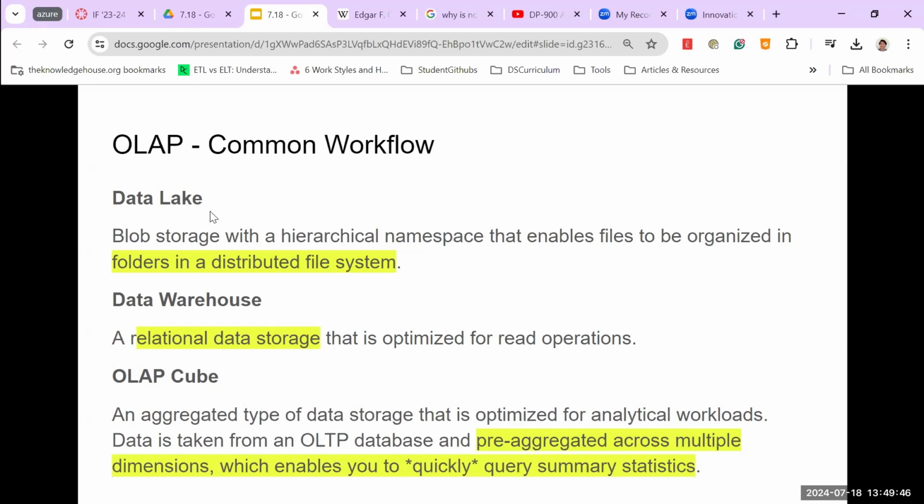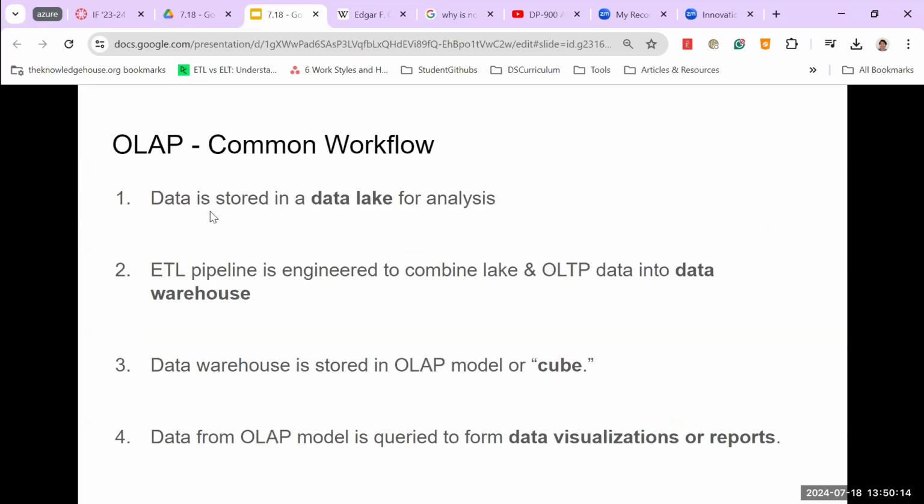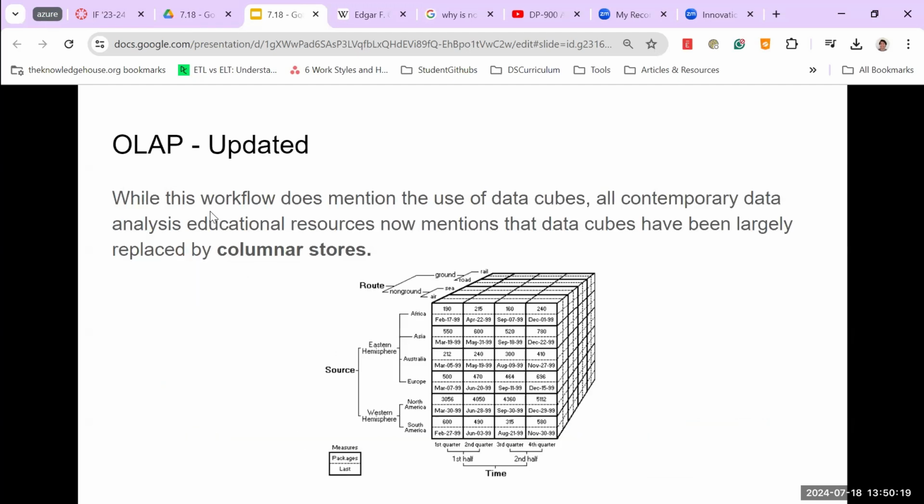This data store is optimized for what we call analytical workloads, which we then feed into something like a dashboard, or maybe even just some slides that we present to our coworkers and internal team members. But the main focus of an OLAP cube is that we pre-aggregate across multiple dimensions, which allows us to make quick summary statistics. And yep, we just talked about this workflow already.